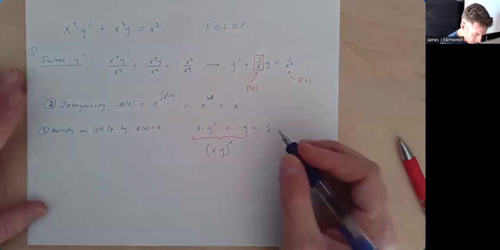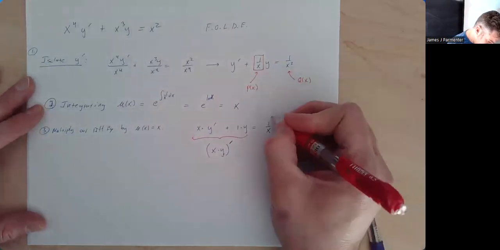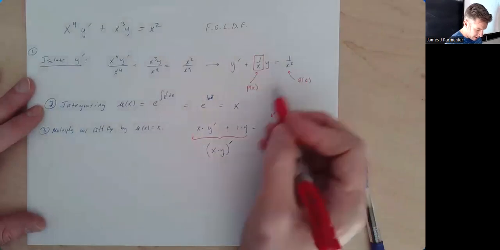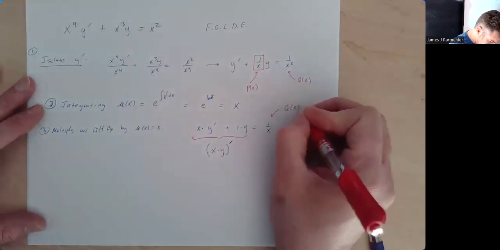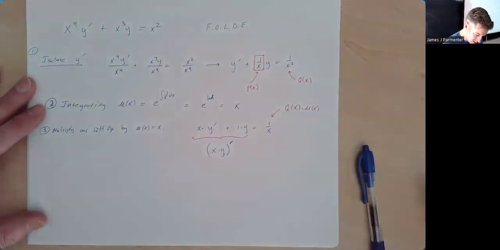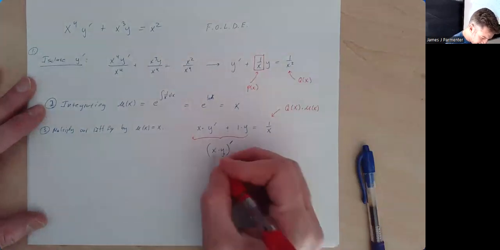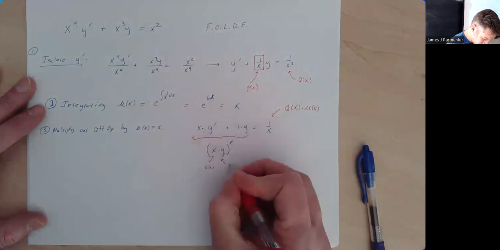Here's why. I will also point out that on the right-hand side, we multiplied our q of x by our mu of x to get this. So this really is q of x times mu of x, and this really here is the derivative of mu of x times y.